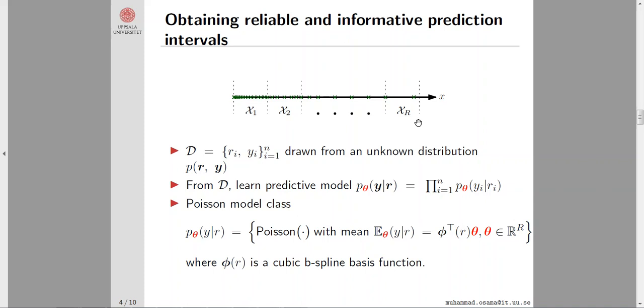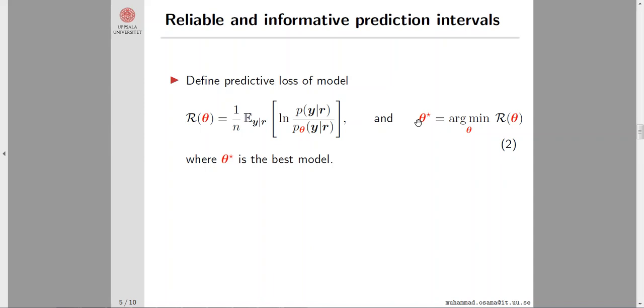We assume the Poisson model class for the counts in every region, where the mean is parameterized by theta. We define the loss as the per sample KL divergence, and the best model is the one that minimizes this loss. Now suppose somehow from the data, using some criteria, we learn a model theta hat.